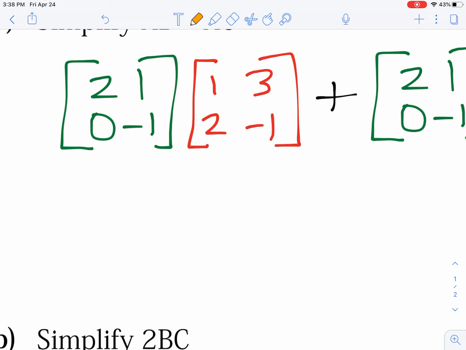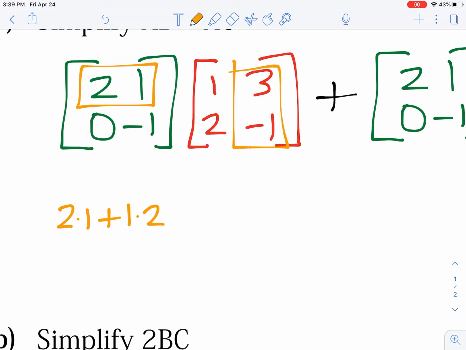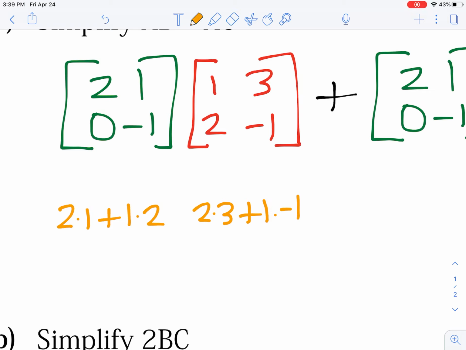So this is just a review of last week. So we have 2 times 1 from our first row and our first column, followed by 1 times 2. Then we're going to swap that to the second column. So then we have 2 times 3 plus 1 times the negative 1. Then we swap them both.